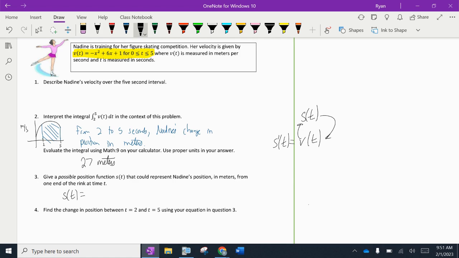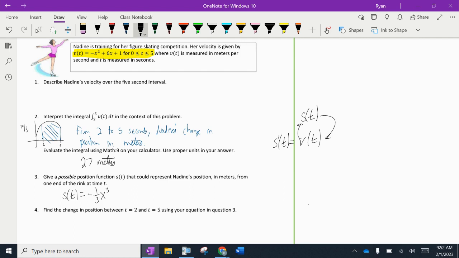Okay, so point by point, or piece by piece. S of t equals the derivative of what would give us negative x squared? Think power rule. The derivative of what is negative x squared? Negative 1/3 x to the 3. Is the derivative of this equal to negative x squared?